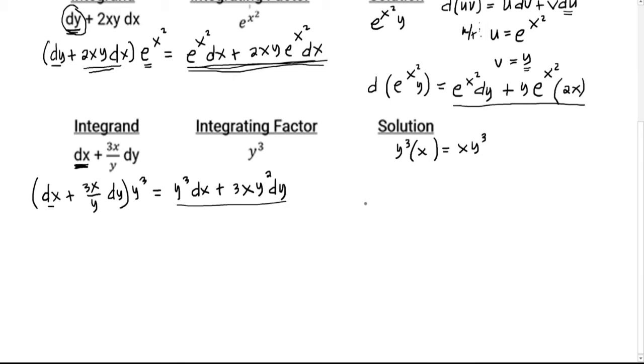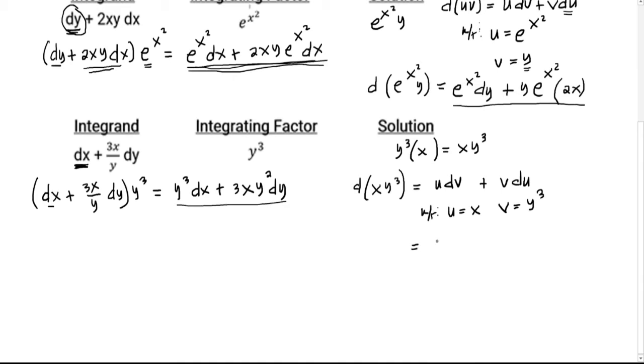Now let's have a detailed solution in solving the differential for this x y cubed. The differential for that x y cubed using the product formula is u dv plus v du, where our u is x and our v is the other factor, the y cubed.